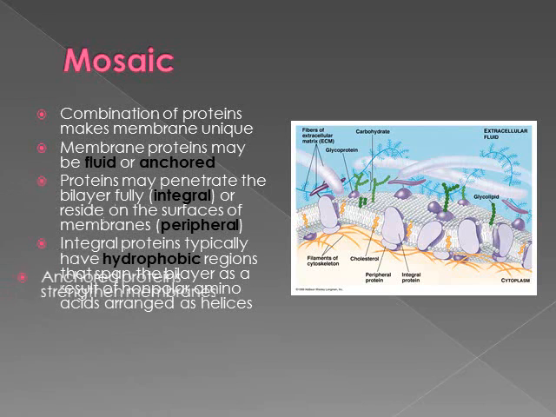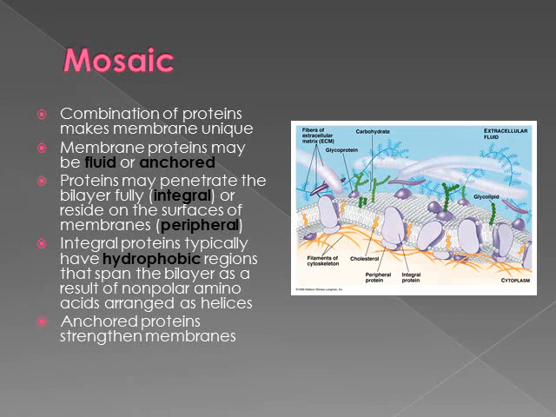That means they have hydrophobic regions and hydrophilic regions that require them to be submerged into the fatty acid chains, the hydrophobic region of the membrane, or not, to a certain degree.